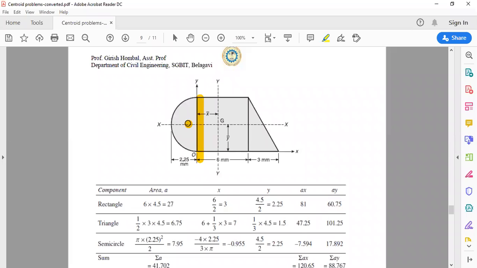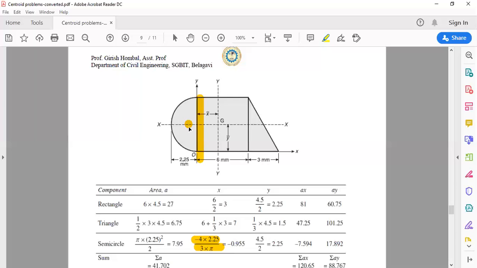But since we are measuring the distance on the negative side of the x-axis, that is, to the left of the y-axis, this distance is to be taken with a negative sign. So we are writing it with a negative sign. So minus 4r by 3 pi, where r is 2.25.